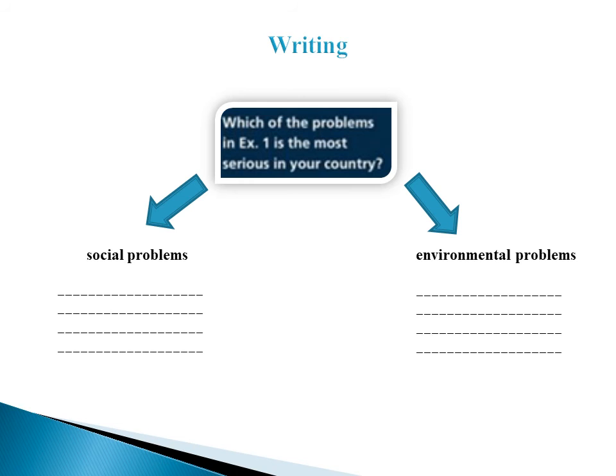Thank you. Which of the problems in exercise number 1 is the most serious in your country? Social problems. Which is the most serious social problem in our country? And what is the most serious environmental problem in our country? Write down, please.